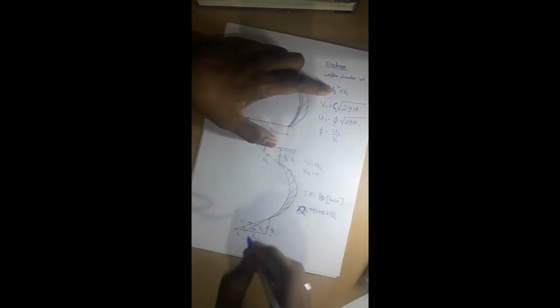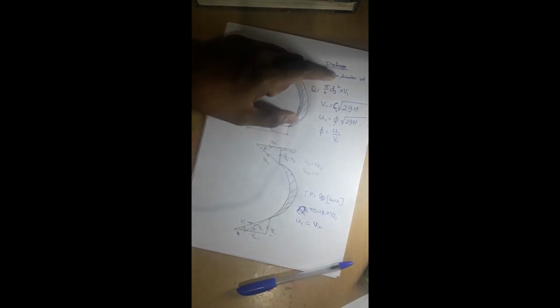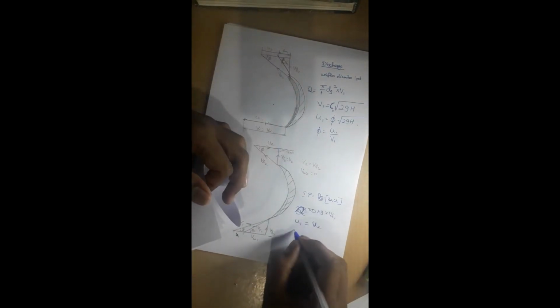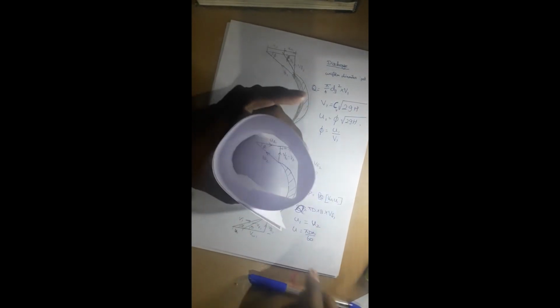And here in Francis turbine, v1, u1 and u2 will be very different. u1 is not equal to u2 because u is nothing but pi d n by 60, which is always related with the RPM and the diameter.